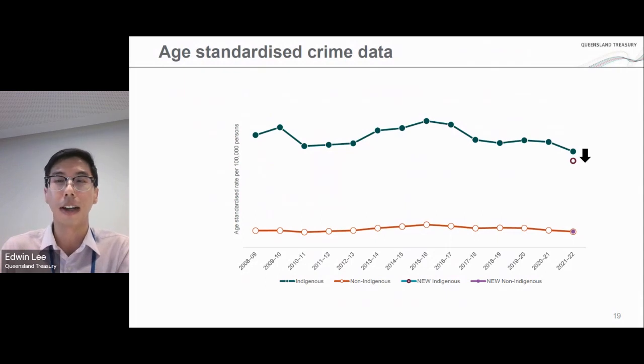In time series data such as this, the entire time series will actually shift with the release of the new population estimates and projections. And it's quite likely that the rate ratios comparison with the non-Indigenous population will also be affected, given that the shift in the non-Indigenous rate shown on the bottom right has not been as drastic as the Aboriginal and Torres Strait Islander population age standardized rates.